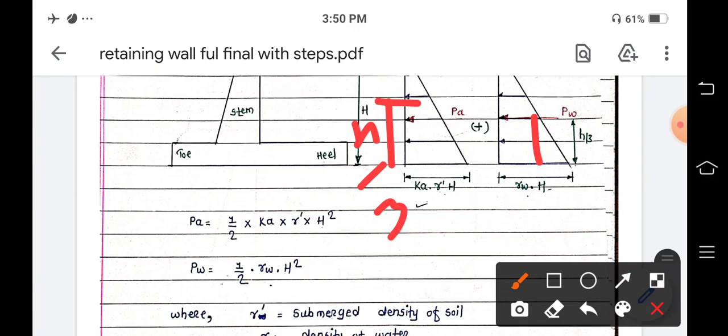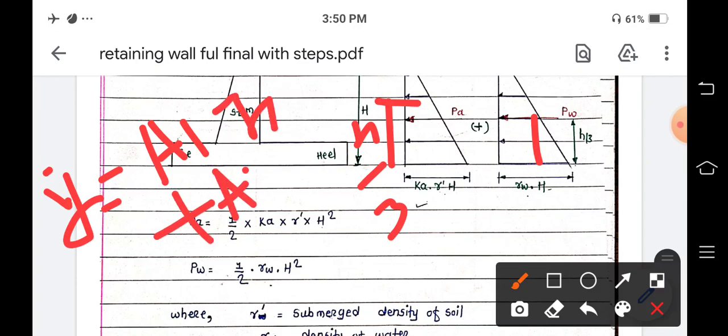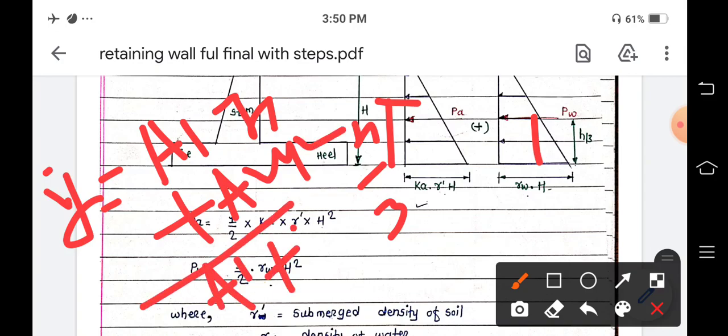If you want to calculate the position of the total CG of this active earth pressure, it will be equal to A1 Y1 plus A2 Y2 upon A1 plus A2.